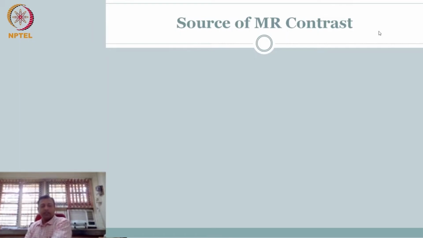Before I list it, reflect on whatever we covered. Where do you think the contrast comes from? Based on this course, you know there is going to be first the inherent contrast, the physics based. What is the inherent contrast we are interested in here? Think about it.